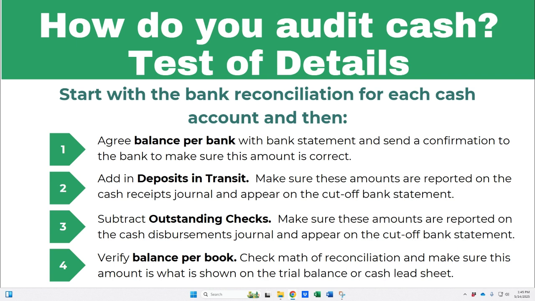Then we can look at the outstanding checks. So we will find the outstanding checks listed on the cash disbursements journal, and we can also check for those on the bank cutoff statement. One thing to note is that while we would expect the deposits in transit to clear very close to that year end, with outstanding checks, we don't really have very much control over that.